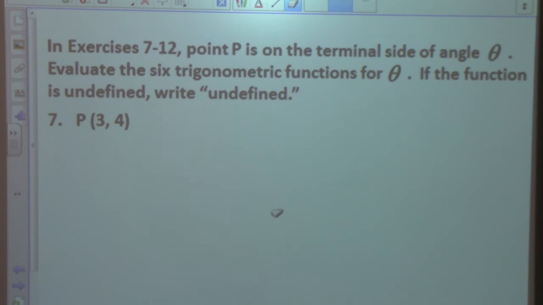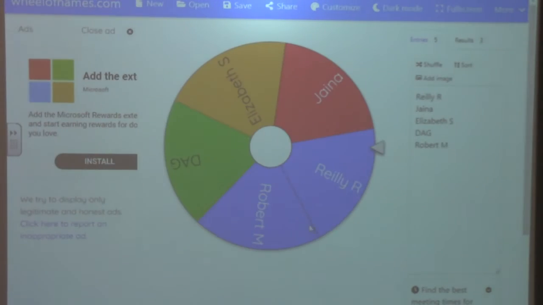I'm just trying to work with it all at once. I already got the first two done. Here we go.